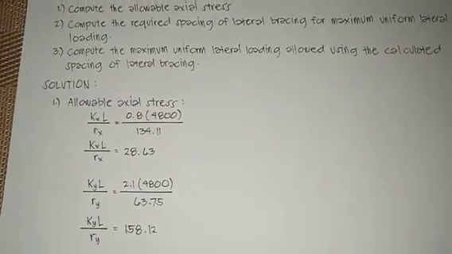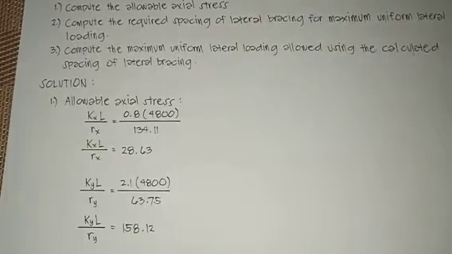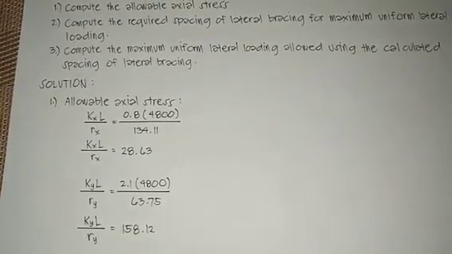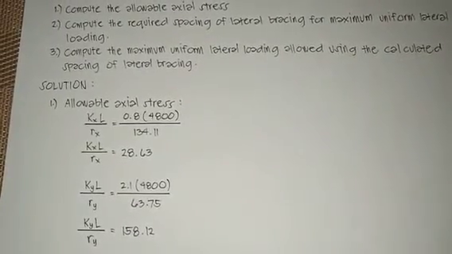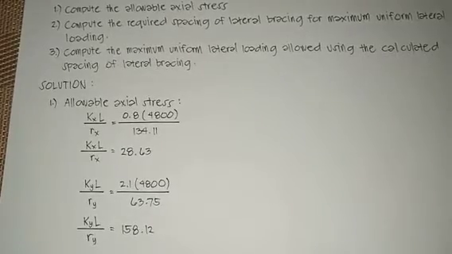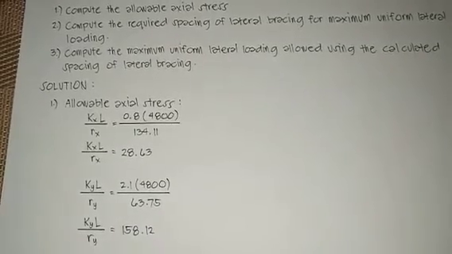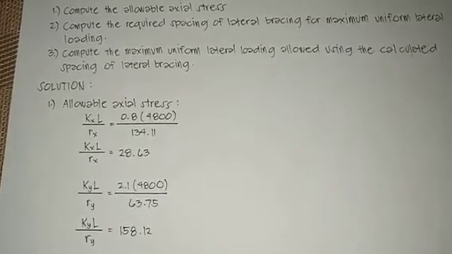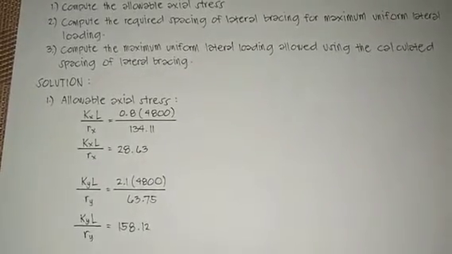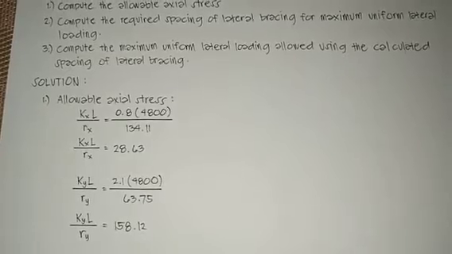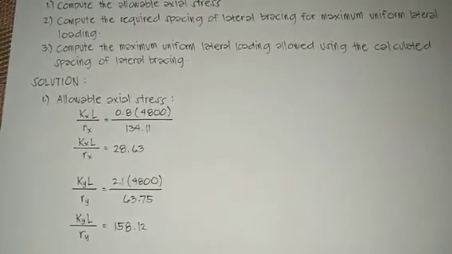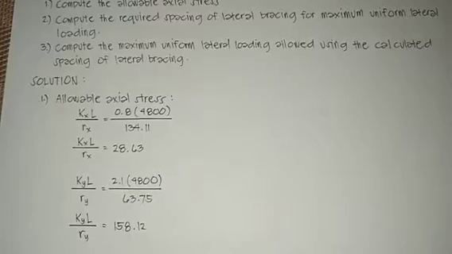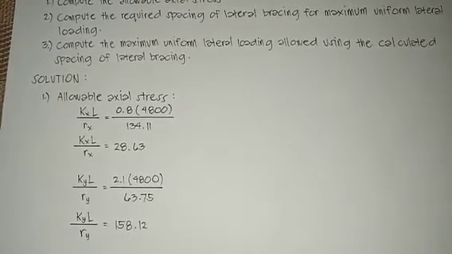So, KxL over Rx. Our Kx is 0.8 and our length is 4.8 meters, substituted in millimeters, so that is 4,800 over 134.11, which is equal to 28.63.